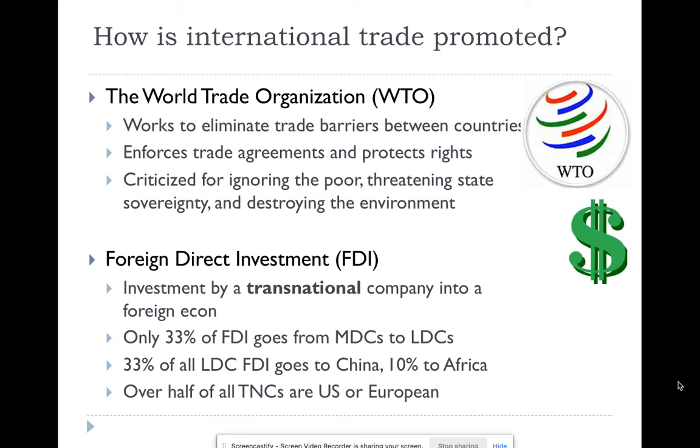All right. When we look at foreign direct investment, the FDI here, this is investment by usually transnational companies into a foreign economy. And so we talk about large corporations coming from more developed countries. They will send money into lesser developed countries to help them develop. And so we talk about only about 33% of all the foreign direct investment in the world actually goes to these lesser developed countries.